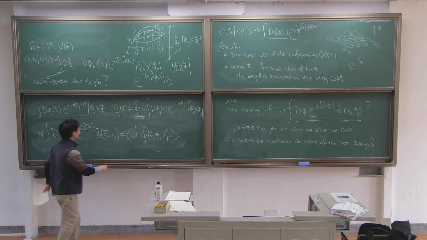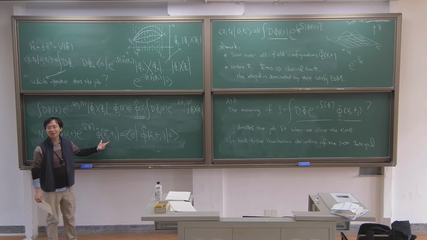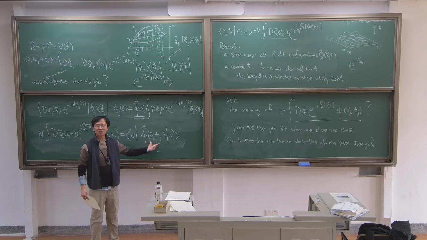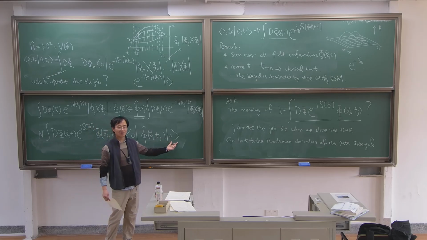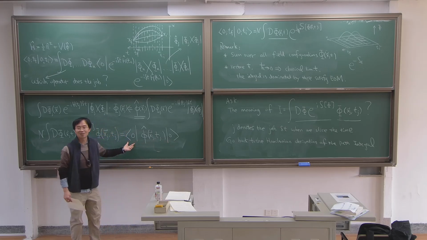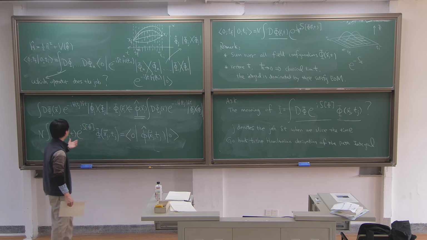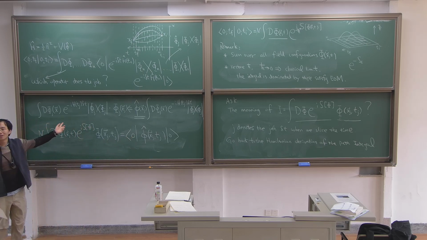It's not something cheating. For example, if you turn off this phi, if you set phi to be the identity, then this becomes the identity operator, 1, right? Then you get purely some vacuum state overlapping with some vacuum state, and we know that equals this bare path integral, up to a prefactor, okay?